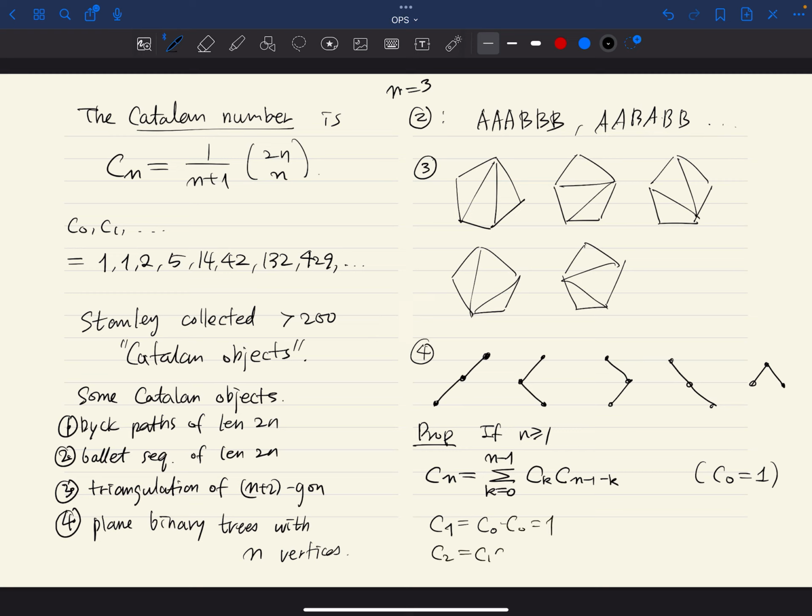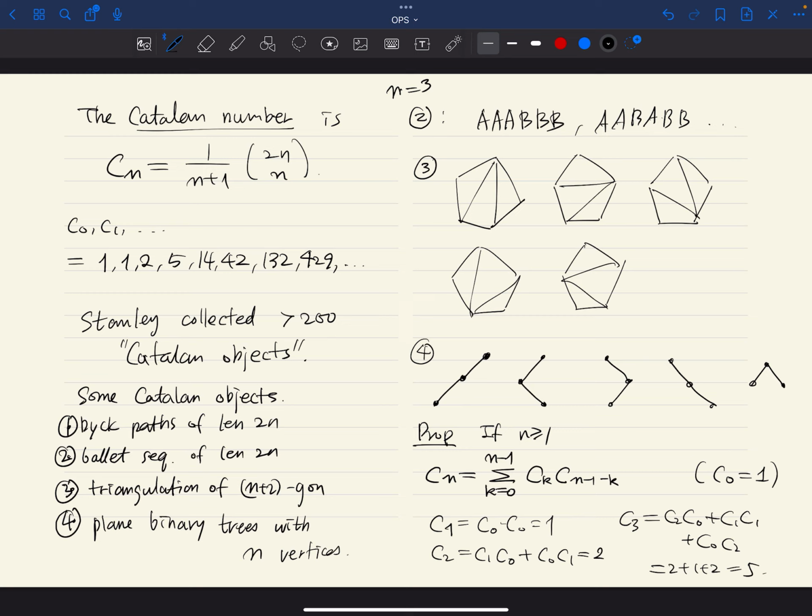C2 is C1 times C0 plus C0 times C1, the indices must sum to n minus 1, so this is 2. And C3 is C0 C2, C1 C1, C2 C0, so it's 2 plus 1 plus 2, which is 5, as we saw. In this way, you can compute all the Catalan numbers.